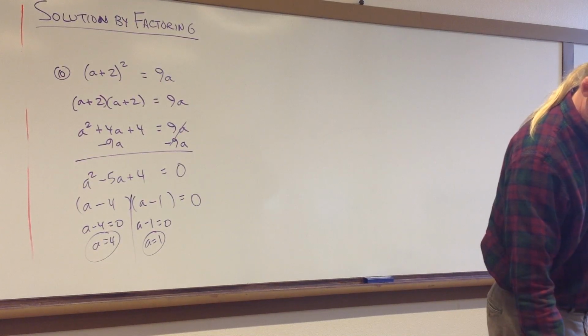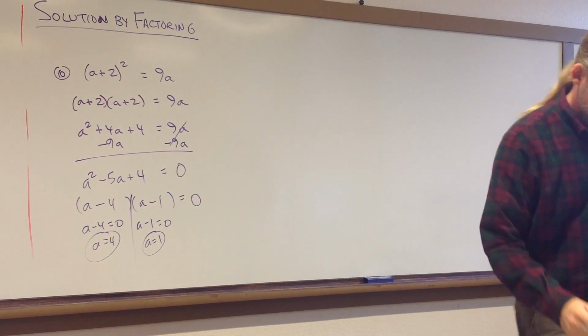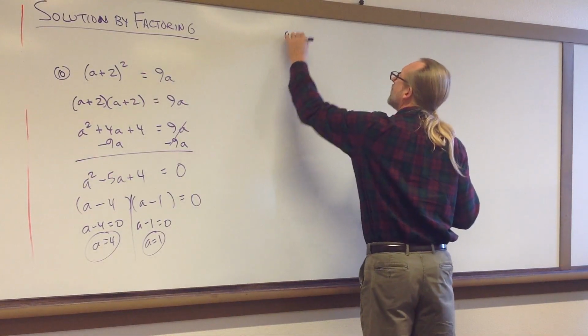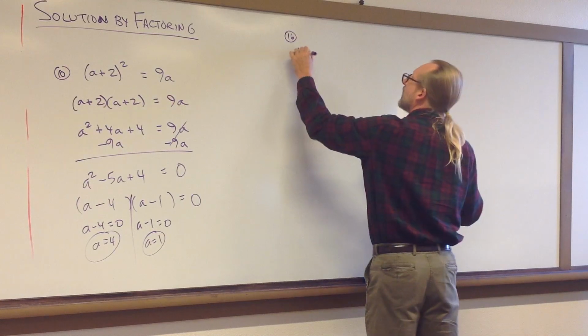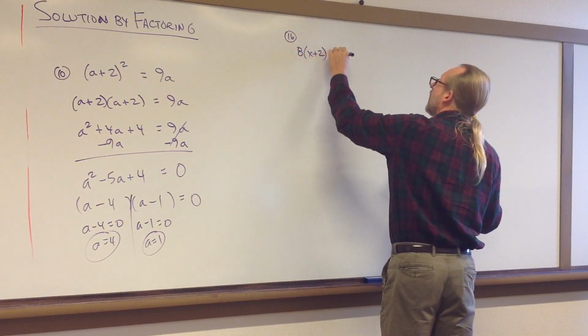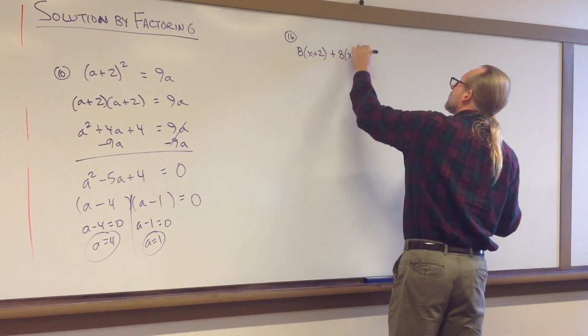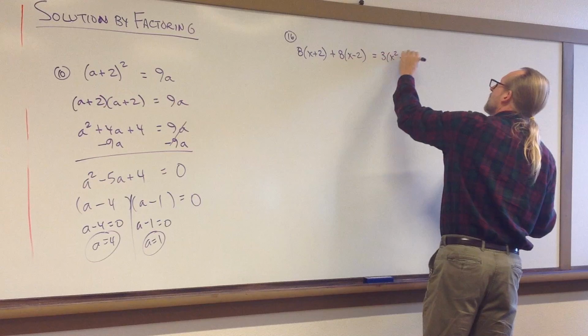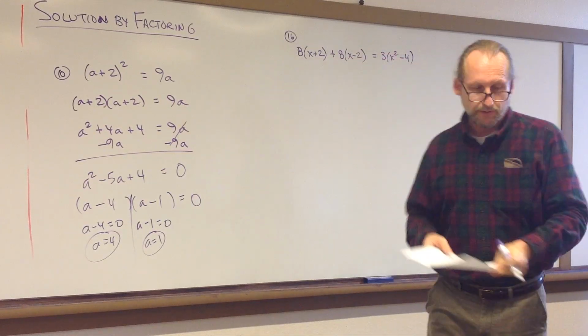Okay, let's look at problem 16. This one's a little bit more involved. Here we've got 8 times (x plus 2) plus 8 times (x minus 2) equals 3 times (x squared minus 4).